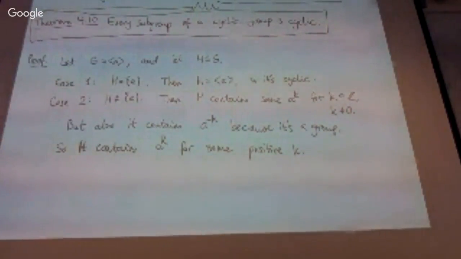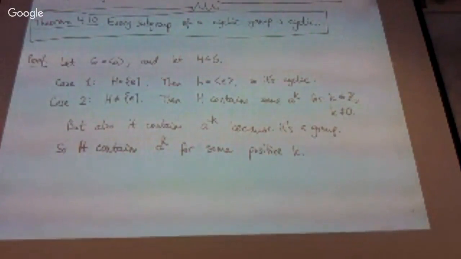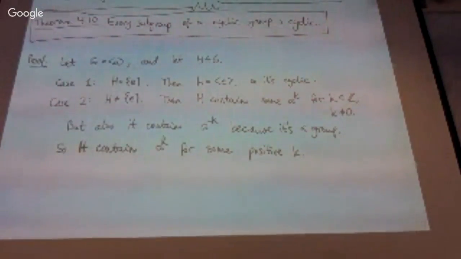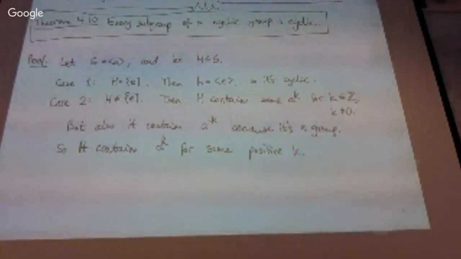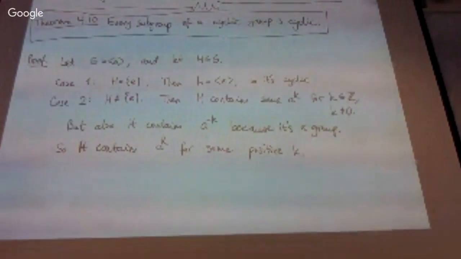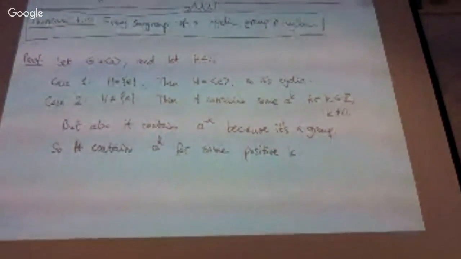And what is the best candidate among them? Well, I take the least positive k. Because if I have a to the 3 and a to the 6, then a to the 3 generates a to the 6, but not the other way around.